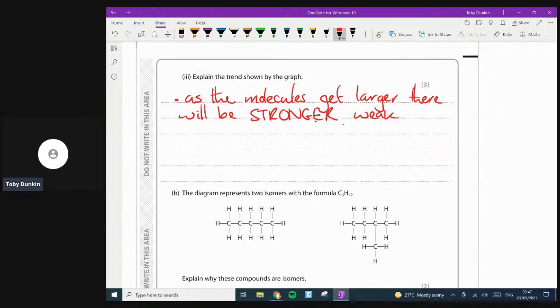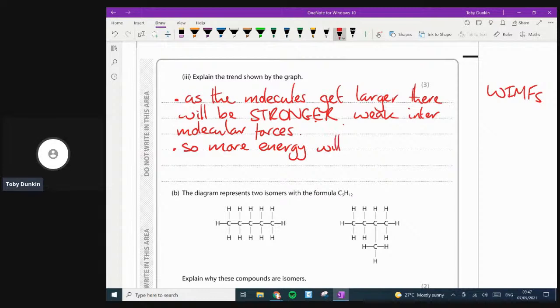I call them WIMPs, weak intermolecular forces, but you can't write that in your exam. You have to write it in full. So more energy will be needed to overcome these forces.